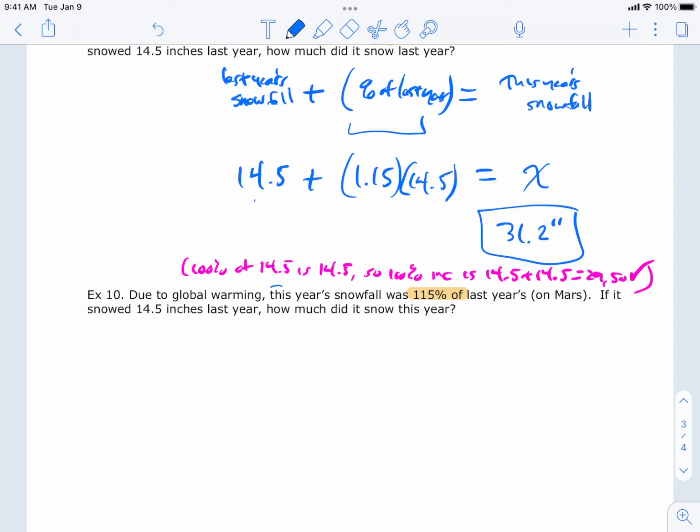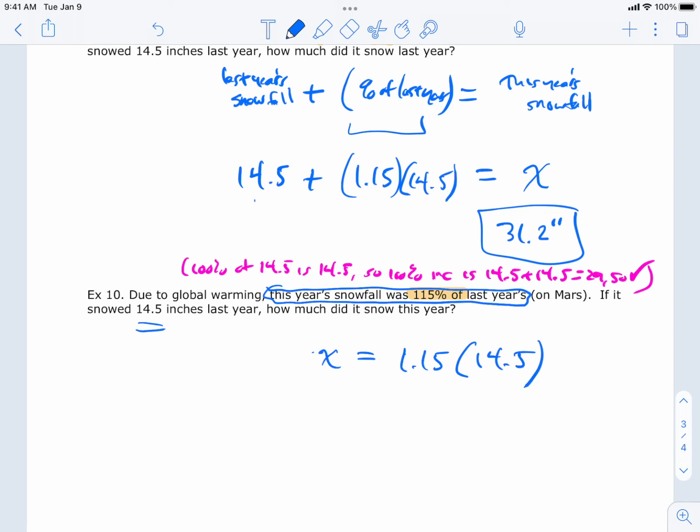Here's a phrase that I'm going to interpret directly. This year's snowfall, which they're not telling us, they're asking us, was 115% of last year's. This is a completely different setup. So you want to be aware of this.